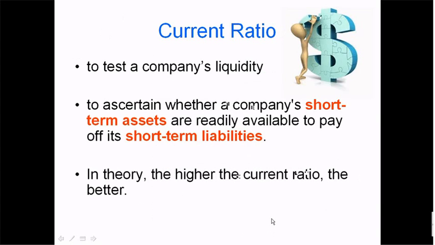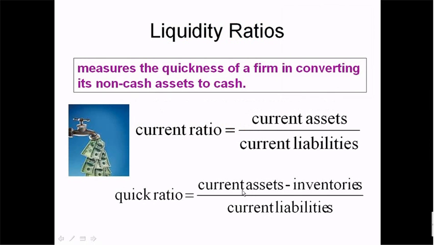Looking back at the formula, if I use current assets, minus out inventories, the remaining figure is your liquid current assets because you have deducted the least liquid one. If your liquid current assets are still able to cover your current liabilities, then yes, you are having a very strong liquidity position.